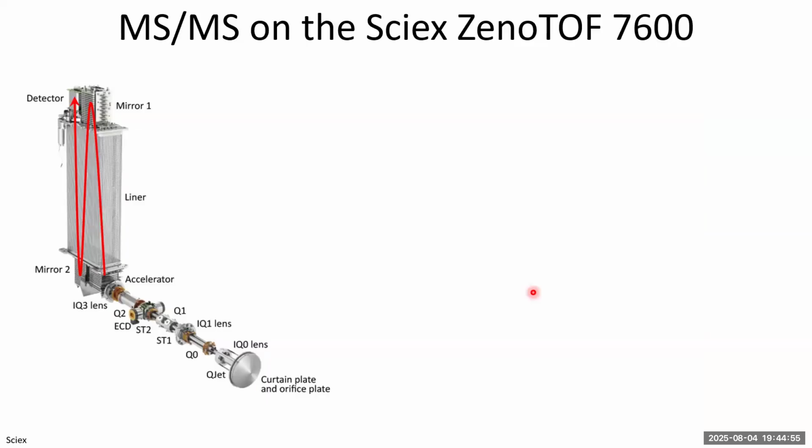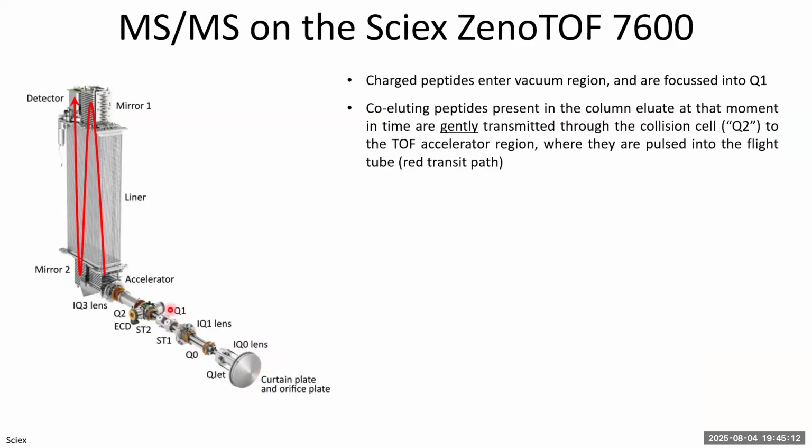Going inside the machine and trying to explain the concept of MSMS, for those who aren't that familiar with it, a little primer. We've got our charged peptides that we've formed in our ion source that need to go into the machine now and be focused through these lenses to the first quadrupole Q1. In an initial phase, we want a survey scan to just see what the peptide masses are that are eluting from the column at that moment in time.